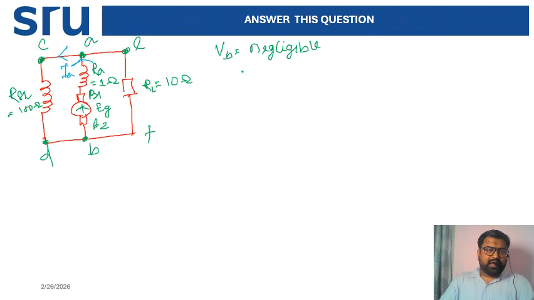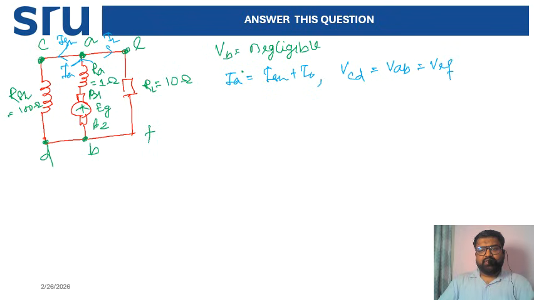Then the shunt current ISH is flowing here, and the load current is flowing here. So we can write IA equals ISH plus IL. As it is connected in parallel, we can also mention that VCD equals VAB equals VEF. That is your load voltage.